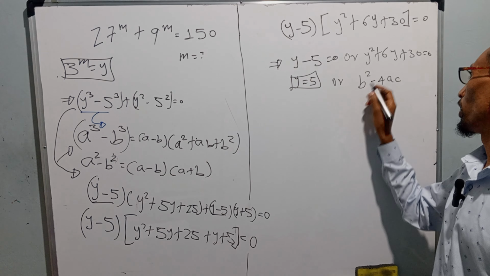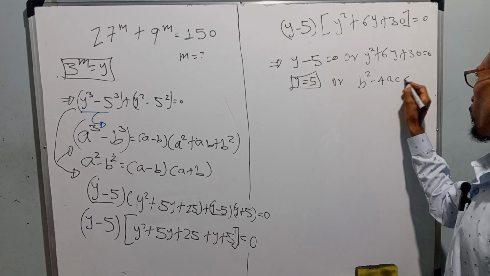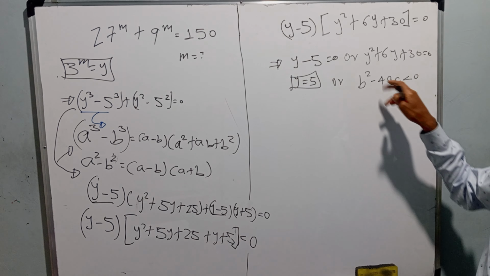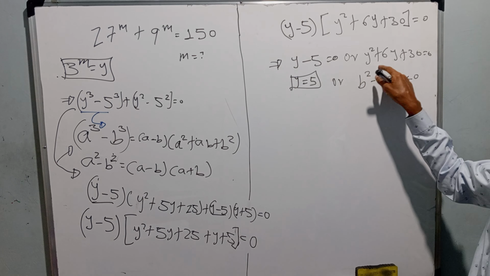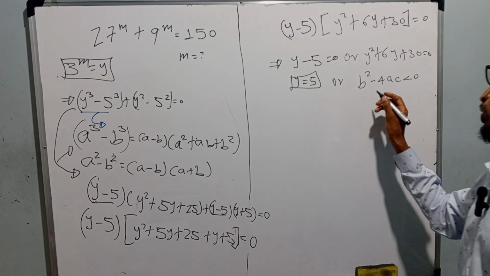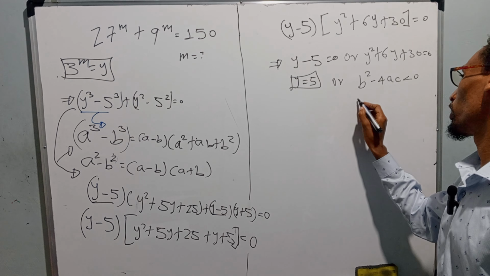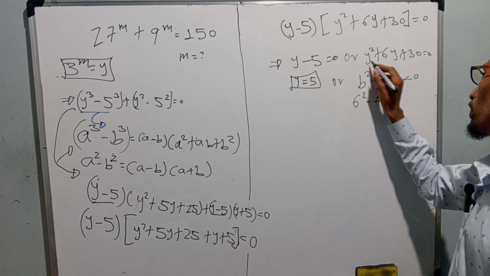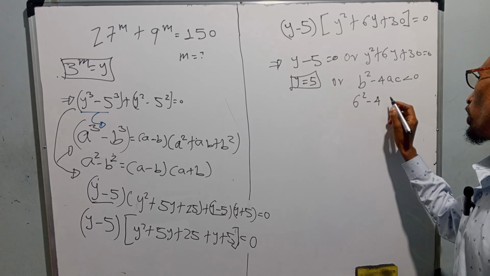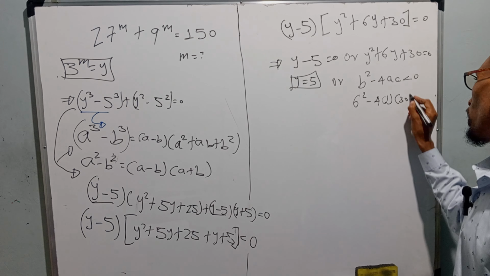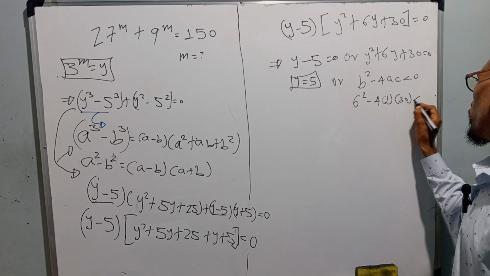So if b squared minus 4ac is less than 0, this expression has no real solutions. So we can check it: 6 squared minus 4 times 1 times 30, where the coefficient of y squared is 1 and c is 30.